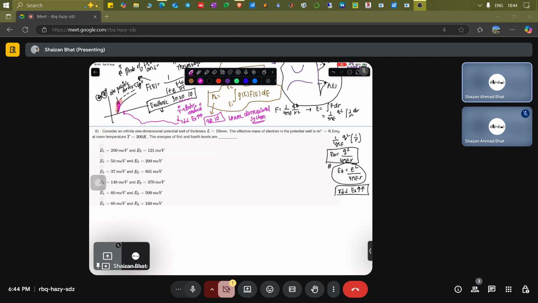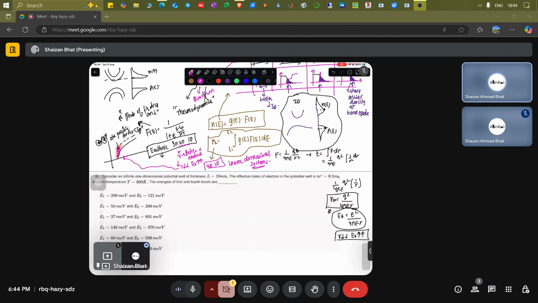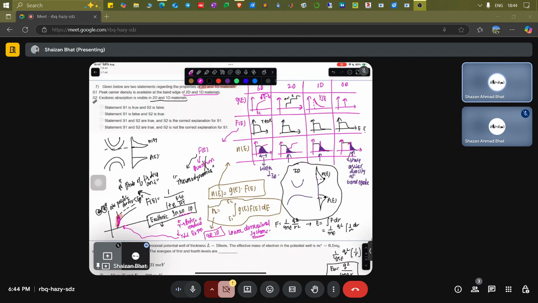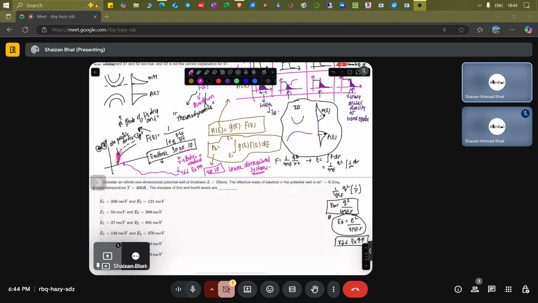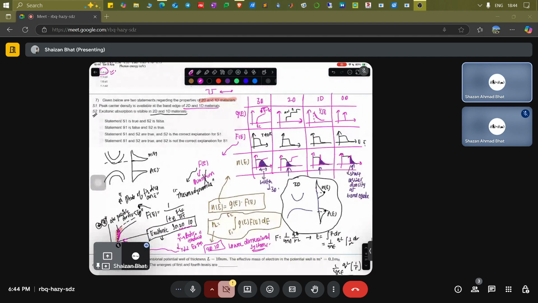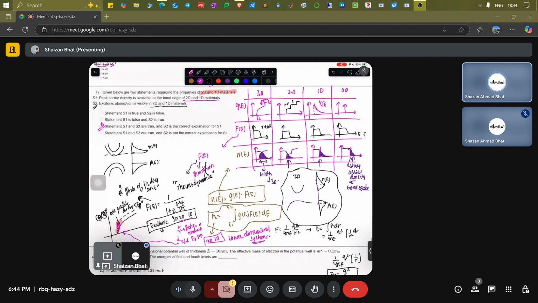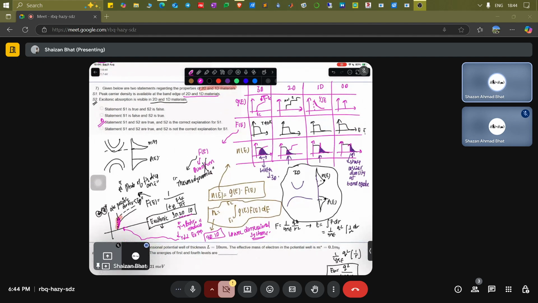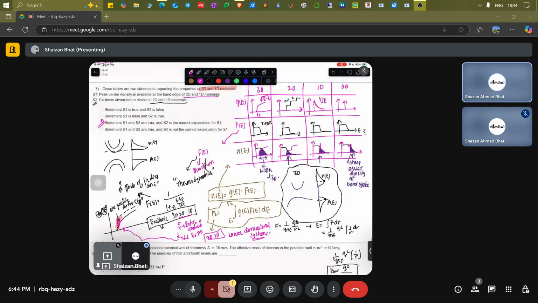Okay, so I hope that is the explanation of it. Yeah, it sounds logical. If you have any doubt, then you can just contact me. So this is the correct statement. These are true, and this is the correct explanation for S1 and S2.